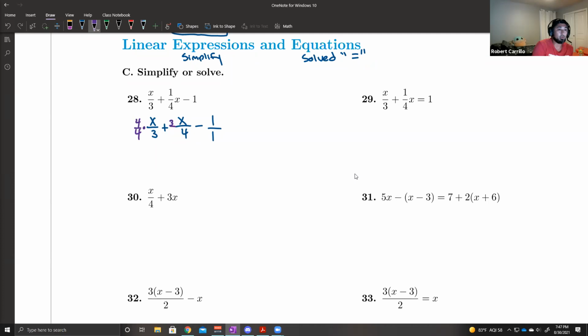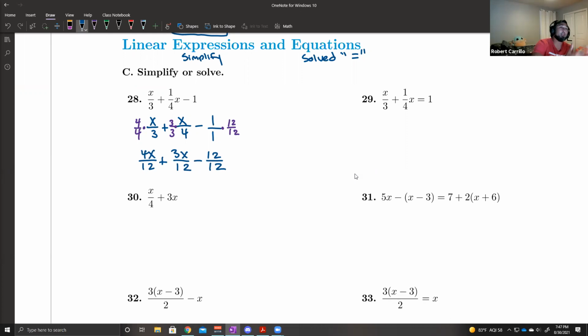X over 4 gets multiplied by 3 over 3. And 1 over 1 gets multiplied by 12 over 12. Okay. And here's what we have. 4x over 12 plus 3x over 12 minus 12 over 12.